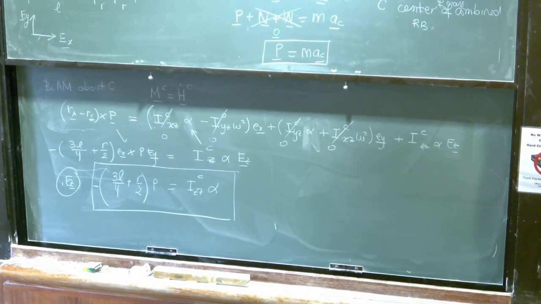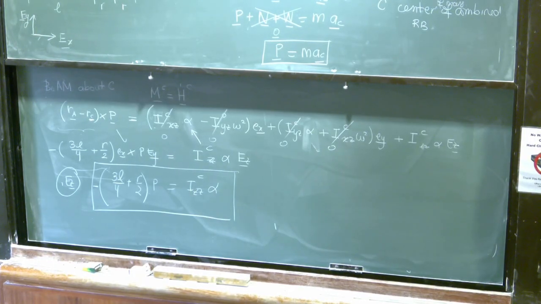A. Why A? Smaller moment of inertia, right? Because all the mass is concentrated at the axis of rotation, so it has less resistance to rotation, right? So it's going to be faster.